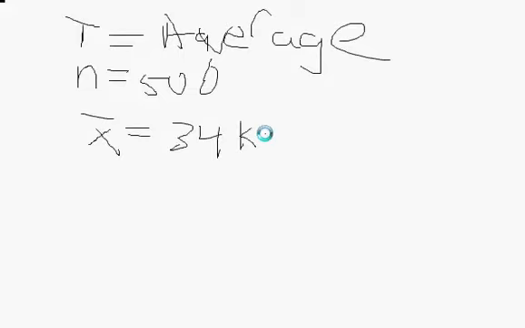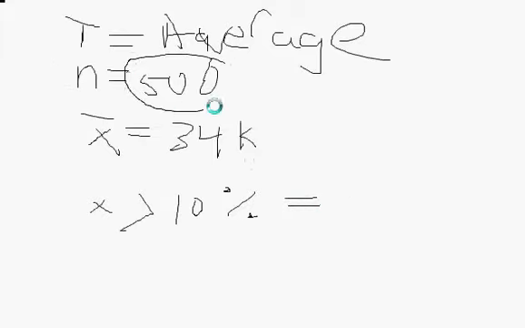What I would do is check the conditions and start crossing things out, because it asks whether one would have affected the other, which is a test for independence. The sample has to be less than 10% of the total population, so it has to be less than 50 for it to be independent.